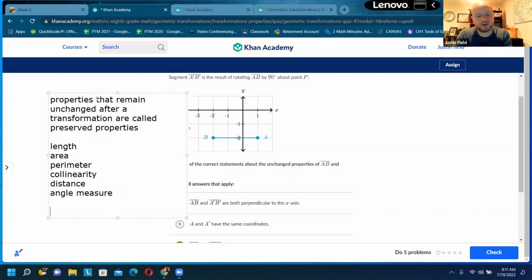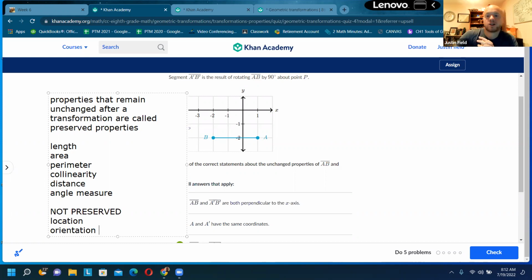So what's not preserved? Location. That means, you know, the points are in different spots, and sometimes orientation, the way that the figure is turned, those things are not always preserved.